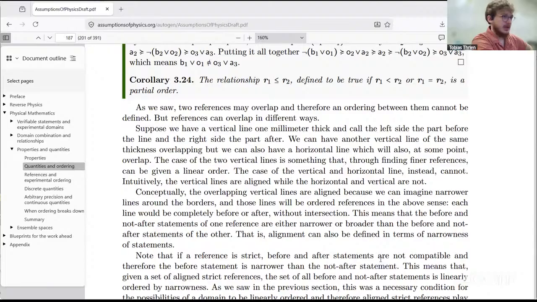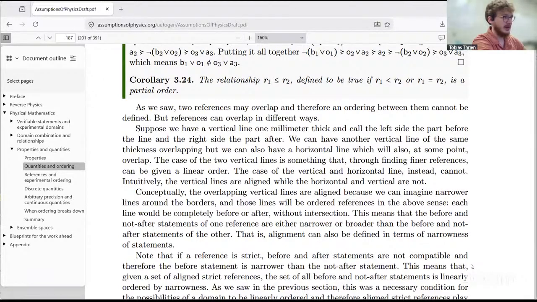We can have another vertical line of the same thickness overlapping, but we can also have a horizontal line, which will also at some point overlap. The case of the two vertical lines is something that, through finding finite references, can be given a linear order. The case of the vertical and horizontal line instead cannot.